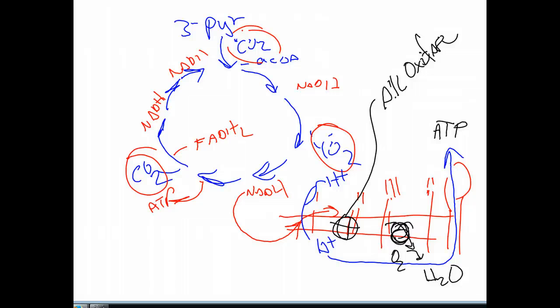But because of its location, there's not much ATP made. It's located anywhere between the first and the second, or maybe the third one. So you don't get all the electron flow, so you don't get as many protons produced, so you don't get as much ATP produced.